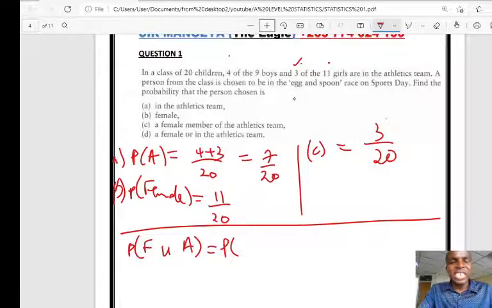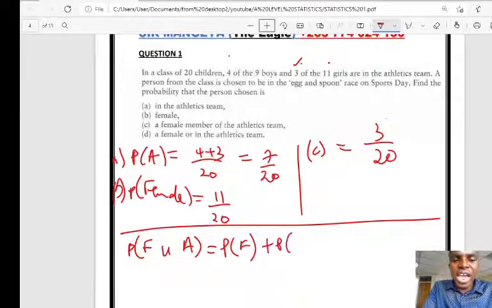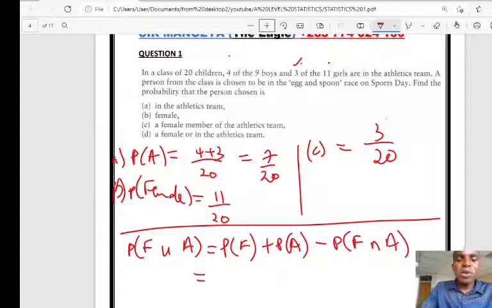So probability of F union A is equal to probability of F plus probability of A minus probability of F intersection A. That is a female member of the athletics team.